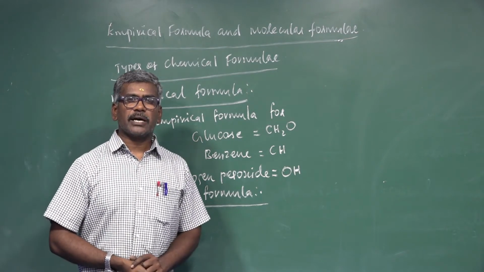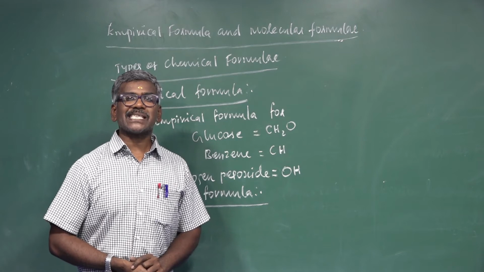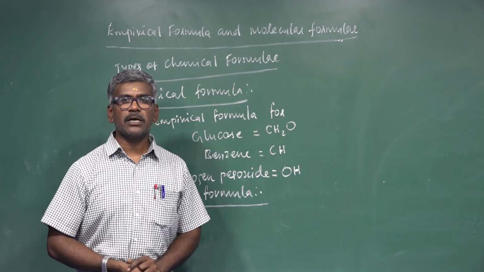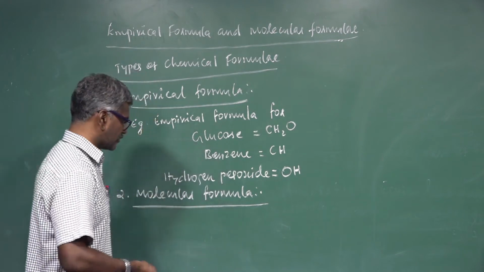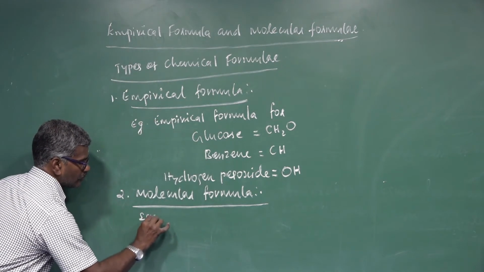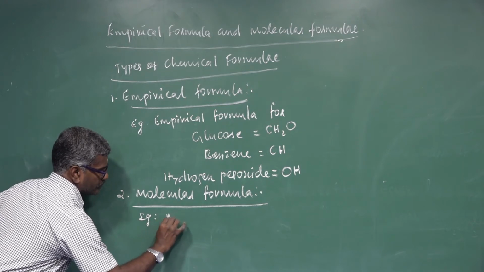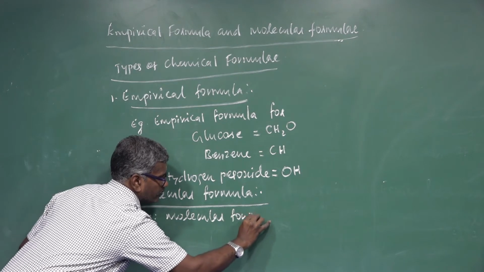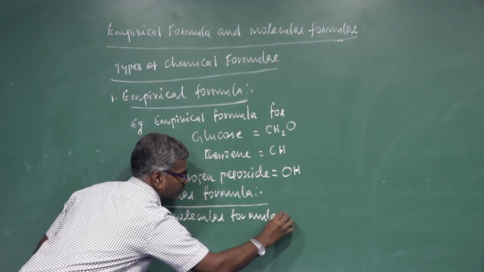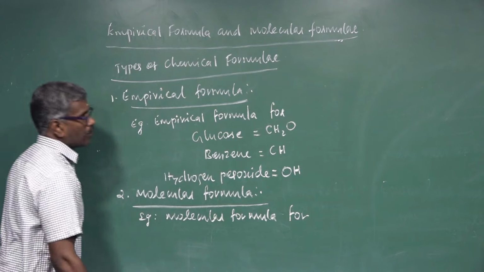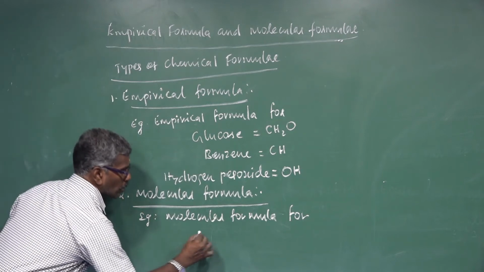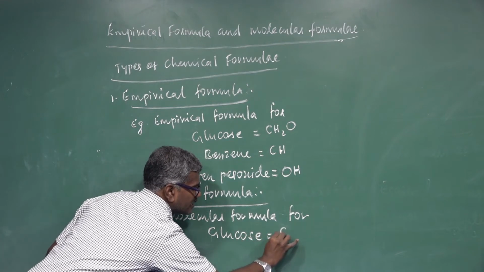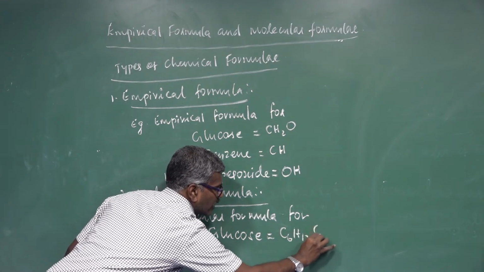Molecular formula represents the exact number of different kinds of atoms present in the molecule of the compound. For example, molecular formula for glucose is C6H12O6.